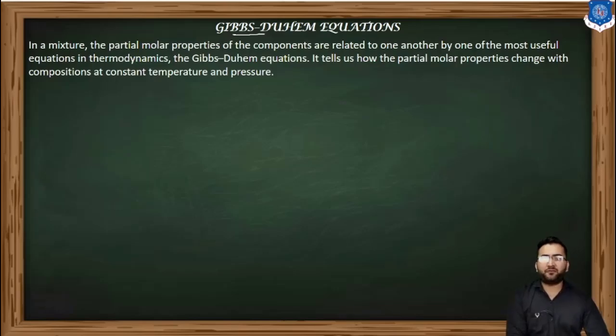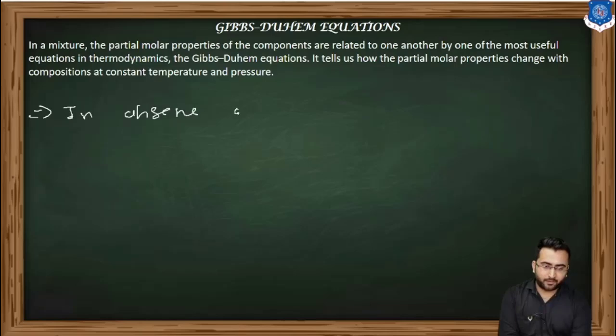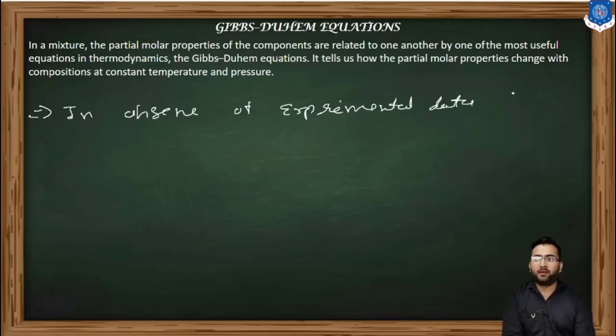The Gibbs-Duhem equation finds wide application in solution thermodynamics and chemical engineering. In the absence of complete experimental data, the Gibbs-Duhem equation is used for the calculation of additional properties.